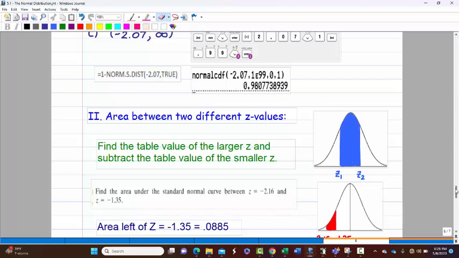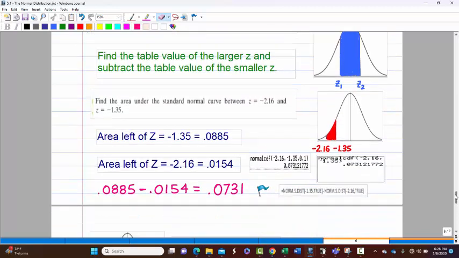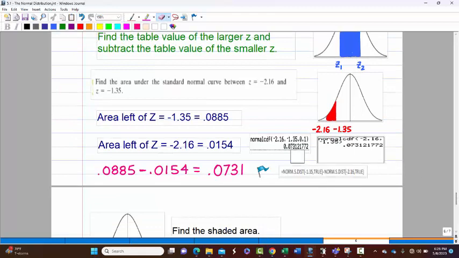All right, so now the area between two different z values. Whether it's the chart, you look up the upper minus the lower z, and if you get them backwards and get a negative answer, just change it to positive. These are both negative z's. The z's can be negative, but your answers, remember, are probabilities.